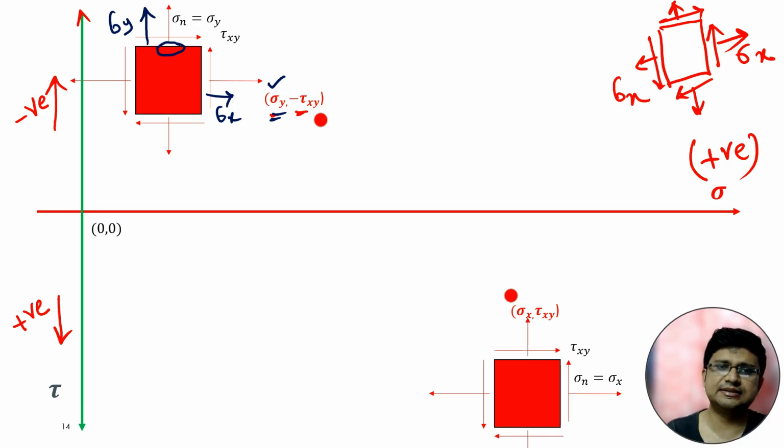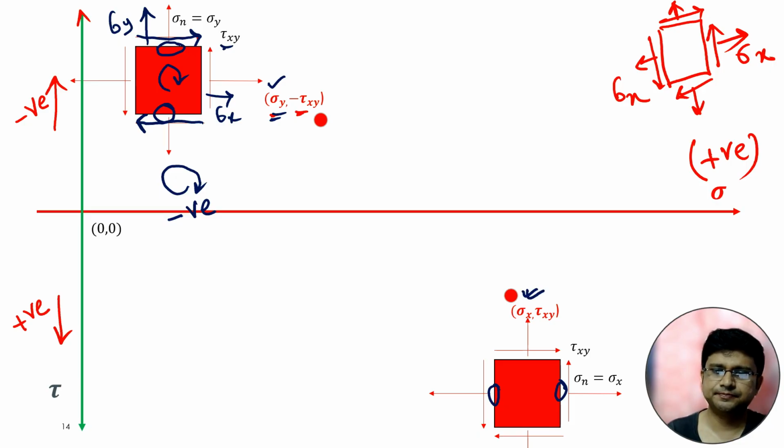Because this tau xy is creating a clockwise rotation, and we are considering here that clockwise rotation is negative, anti-clockwise is positive. So for these two horizontal planes, this tau xy is creating clockwise movement, so we are considering this as negative. And this is for the vertical plane. This point actually corresponds to the vertical plane. For the vertical plane, this is sigma x.